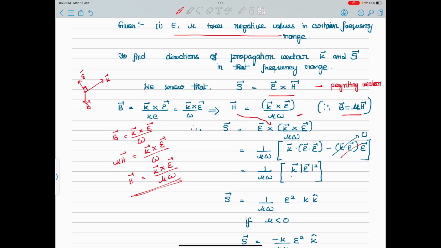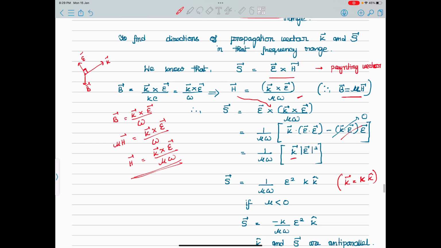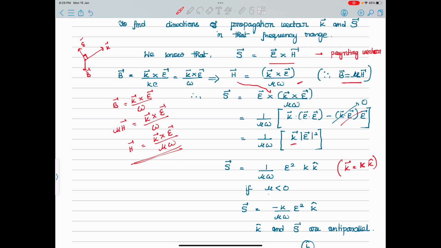Now this K vector can be written as the magnitude of the propagation vector into K cap, the direction of the propagation vector, the unit vector. Now if mu is less than 0, which is given in the question for certain frequency range, then I have just multiplied with a minus, because now mu is negative, to make it positive. So S will be equal to minus K upon mu omega E square K cap.